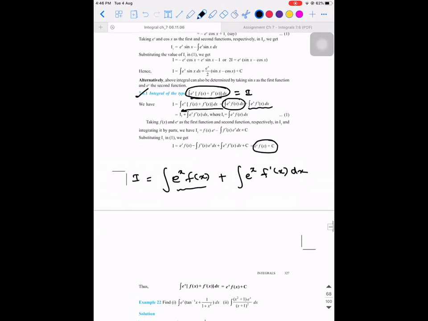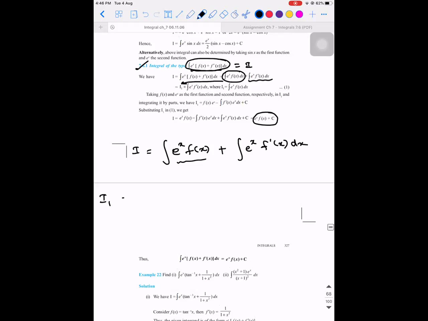Now if I take the integral of e power x into f of x dx, tell me, how do I integrate it using by parts? Take f of x as 1 and e power x as 2.